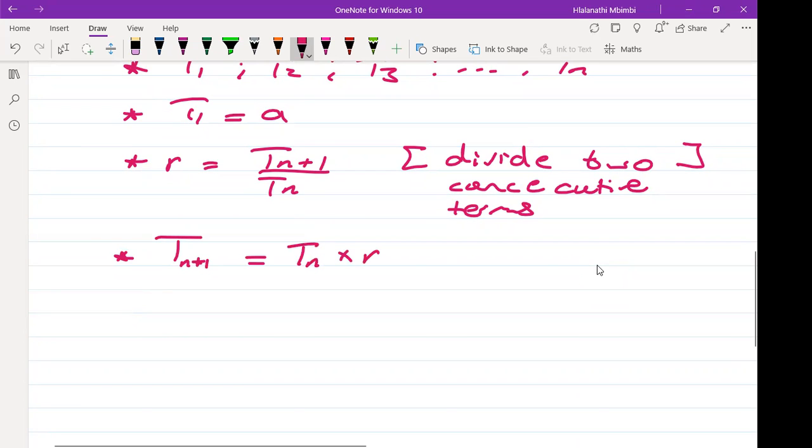Basically, if you are at n and you want the next term, which is Tn plus 1, so if you're at T7 and you want T8, you will just take T7 and multiply it by r. So you times r to get the next term.